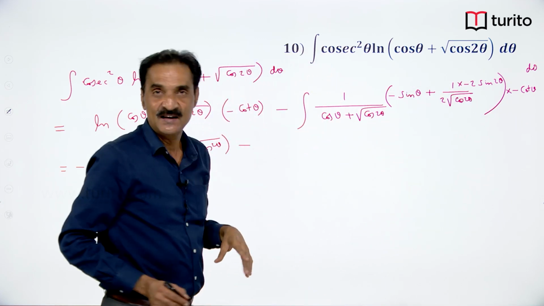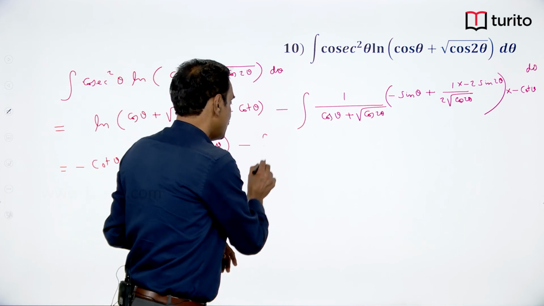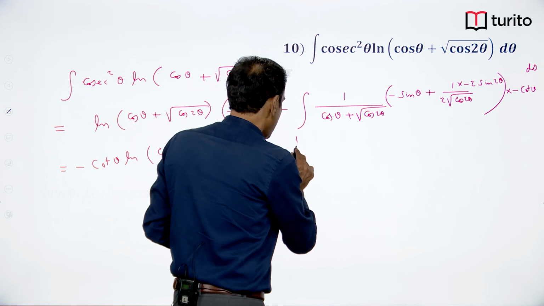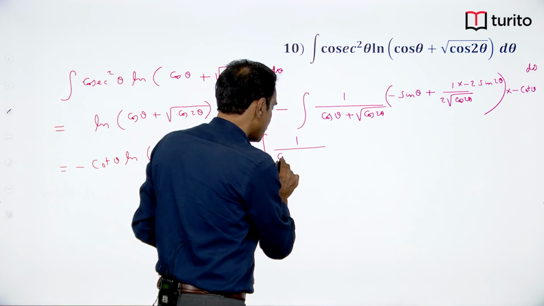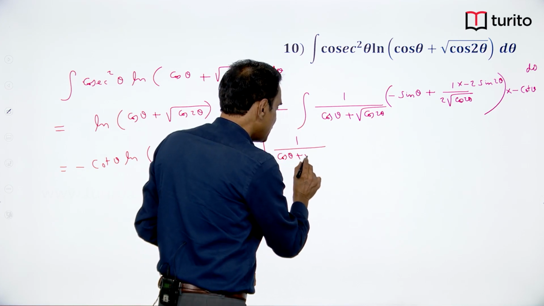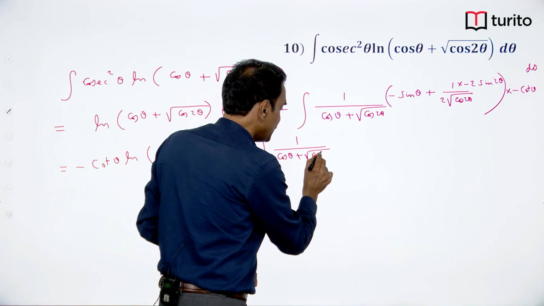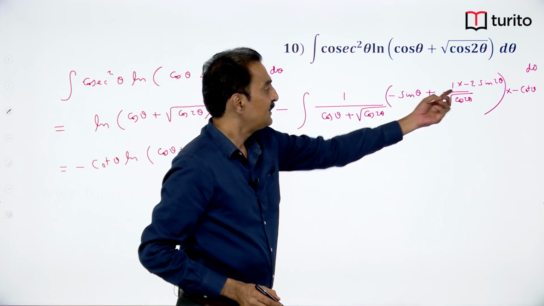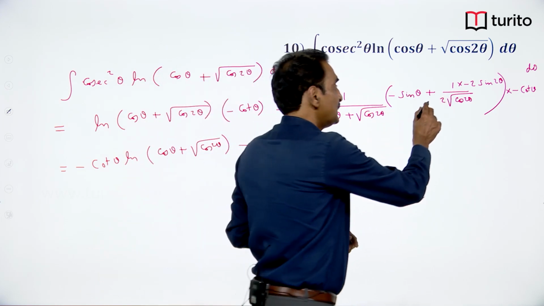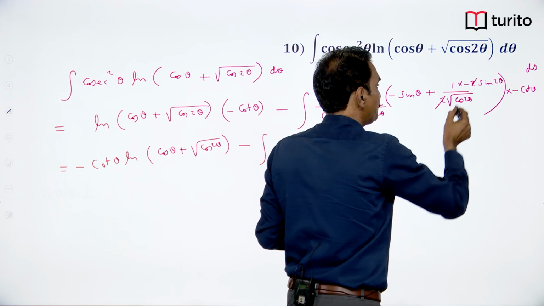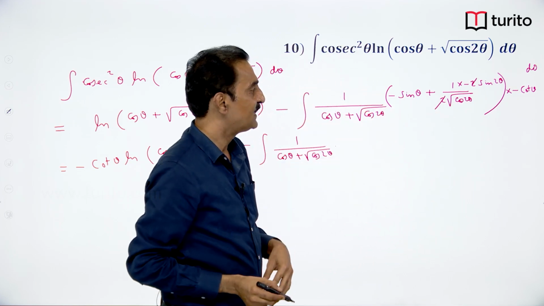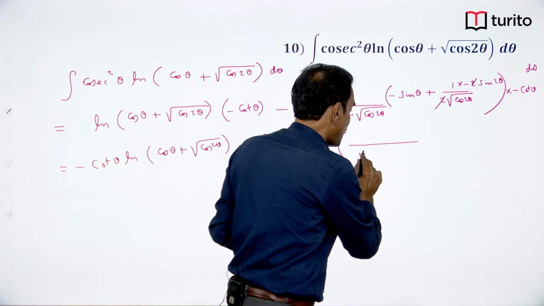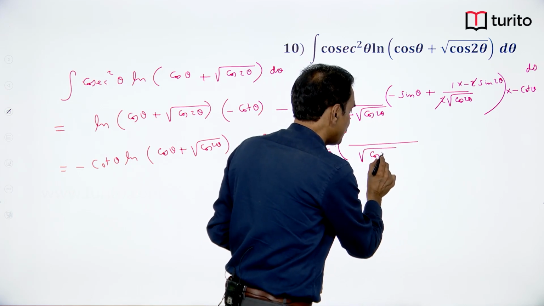So minus remains as it is, integral 1 by cos theta plus root cos 2 theta into, already we have taken minus sign common, cancel this 2 and take LCM there, root cos 2 theta is LCM.